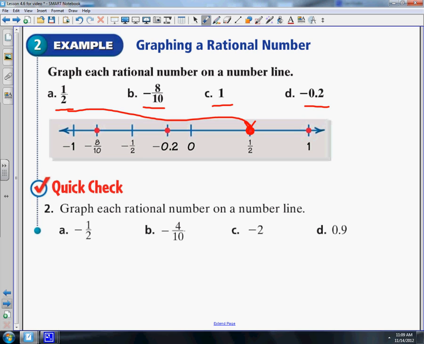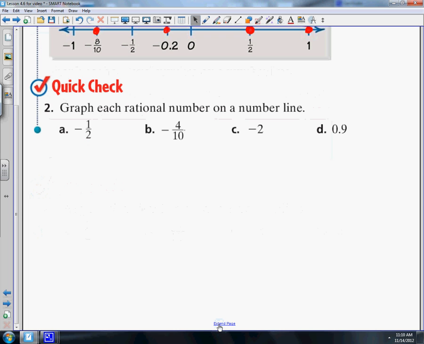So negative 8/10 is right here. I draw a dot on negative 8/10. 1 is here. Make a dot at 1. And then negative 0.2 is here. Make a dot at negative 0.2. So try this on your own. Push pause. Graph these 4 numbers, rational numbers, on a number line, and then we'll come back and go over.